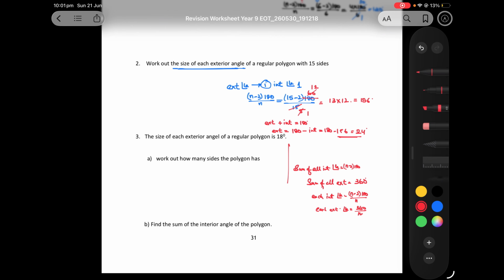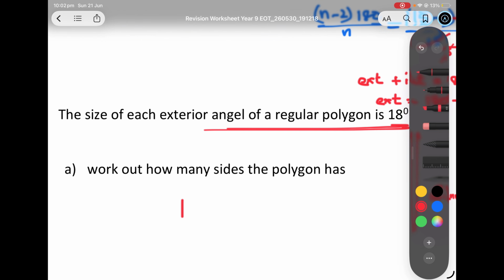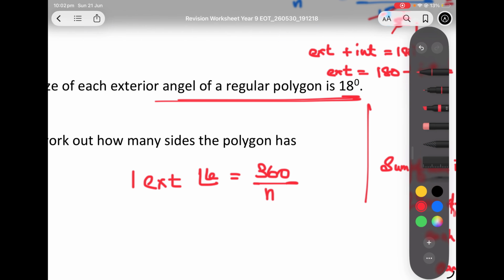The size of each exterior angle of a regular polygon is 18 degrees. Work out how many sides the polygon has. So one exterior angle formula is 360 by n, and they have already given that one exterior angle is 18 degrees.